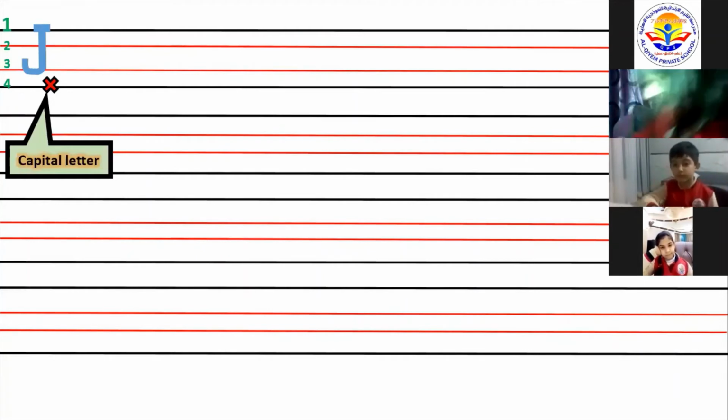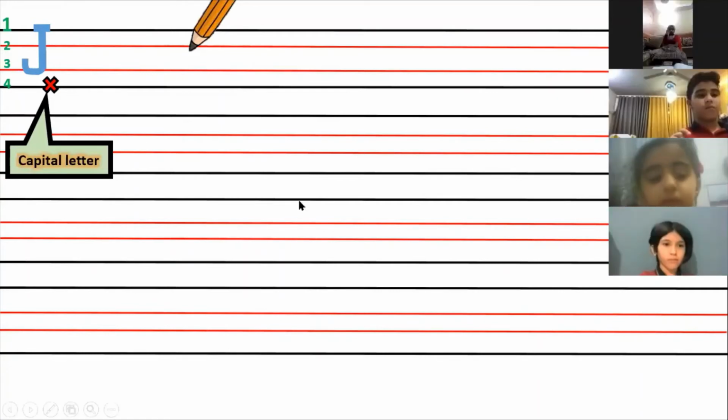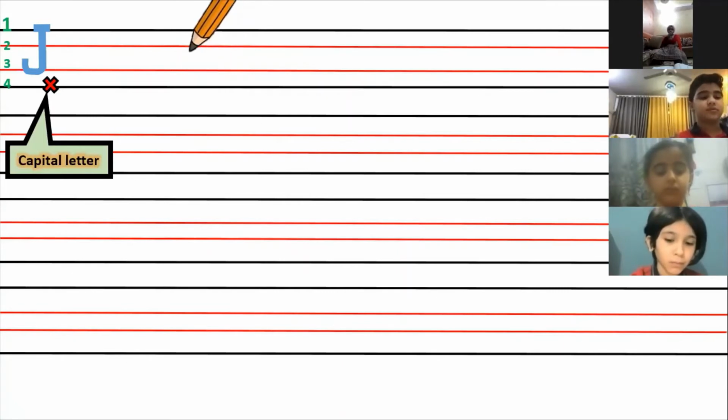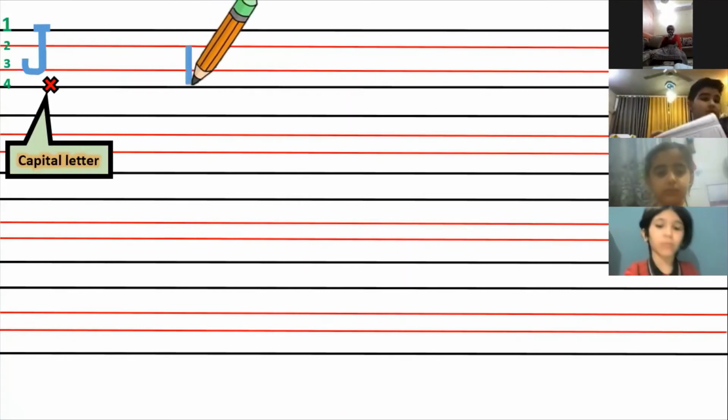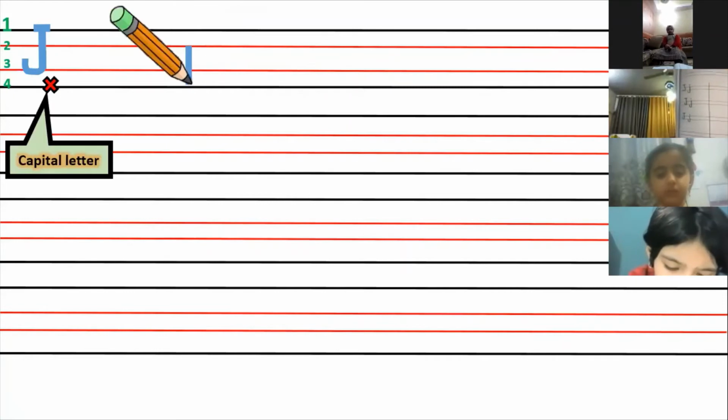Look at the screen. Now let's write the small letter. Put the pencil on the second line. And then go down, draw a straight vertical line from the second line to the fourth line, without reaching the first line. Then bend it from the end.